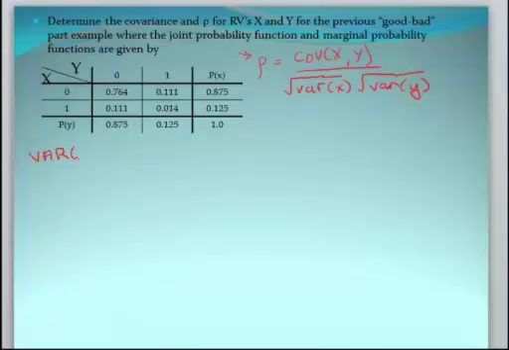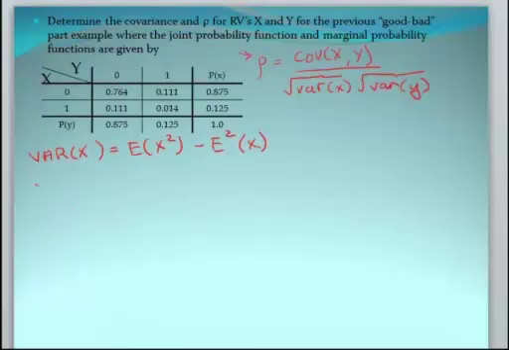All we need to do is apply this formula. The variance of x is equal to the expected value of x squared minus the squared value of the expected value.